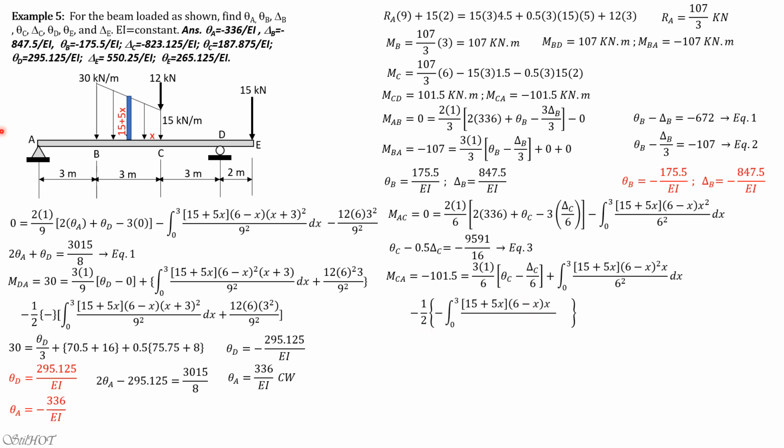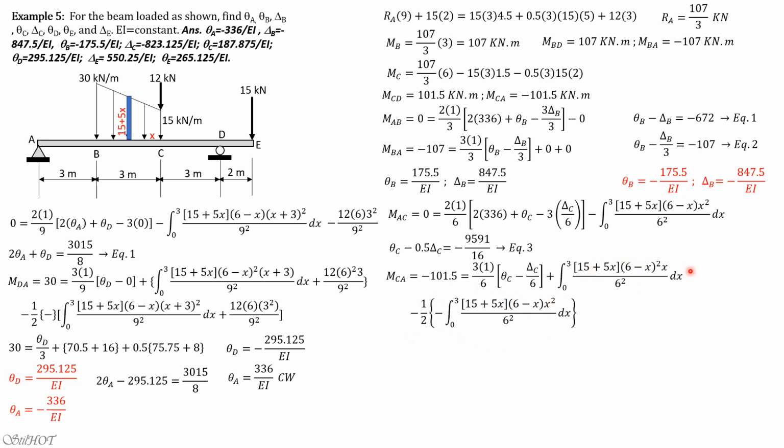So simplifying this equation, we have plus minus fixed moment at A, which is minus 1/2. Then remember the fixed moment at A is negative, so we use the same integral. We change just the sign of the squared term, so 6 minus x this time, x squared over 6 squared. Remember that if the fixed moment in the first formula is negative, then it should also be negative here.